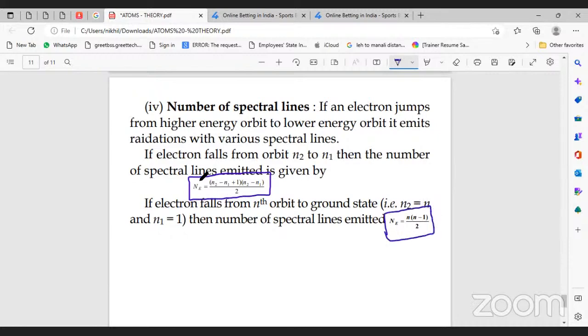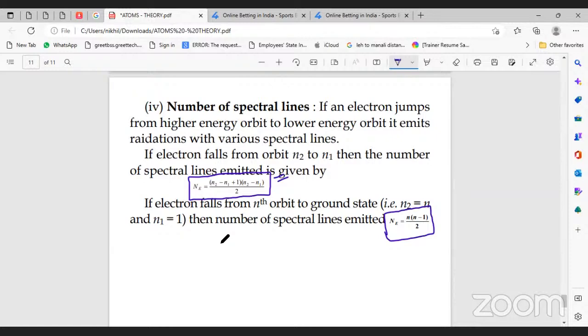If it is moving from n2 to n1, then it will be n2 minus n1 plus 1 into n2 minus n1 by 2. Remember this. The number of spectral lines emitted when the electron jumps from n2 to n1 is given by the formula n2 minus n1 plus 1 into n2 minus n1 divided by 2.